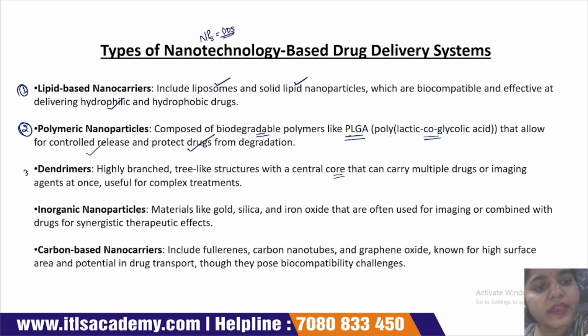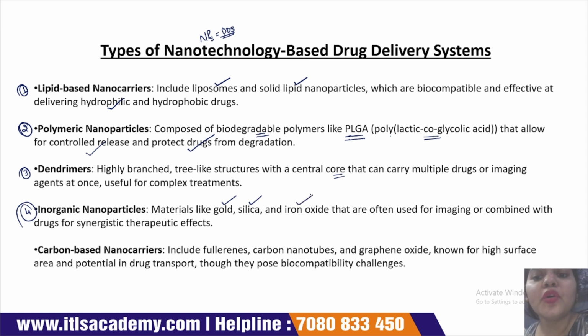Next, dendrimers. These dendrimers are highly branched, tree-like structures that contain a central core that carries multiple drugs and imaging agents. Dendrimers are used to treat complex diseases. Next, inorganic nanoparticles like gold nanoparticles, silica nanoparticles and iron oxide nanoparticles.